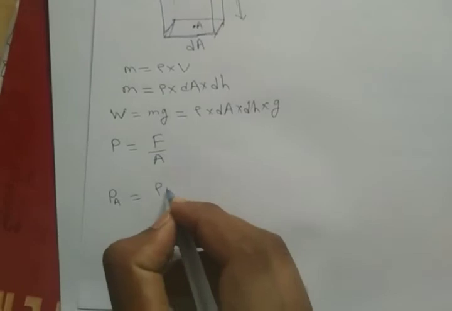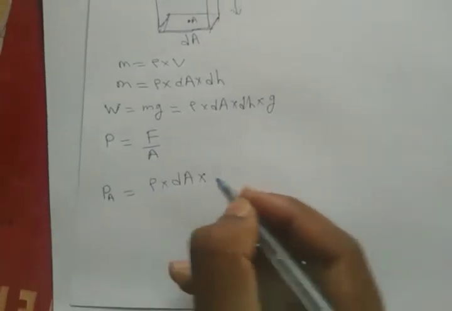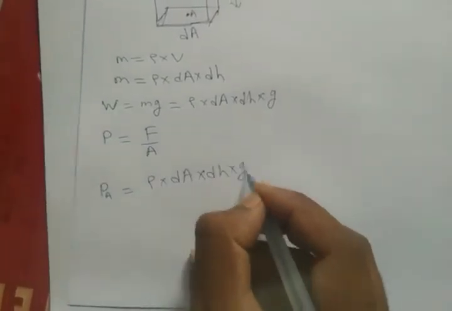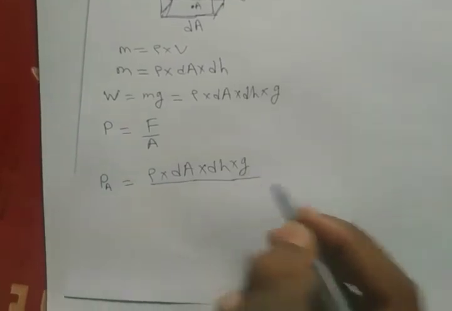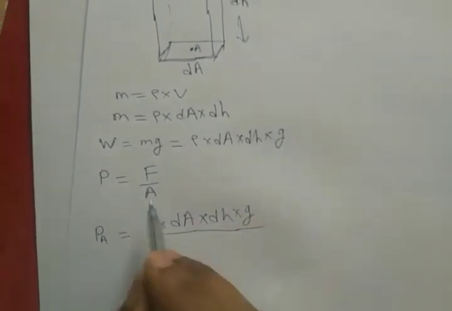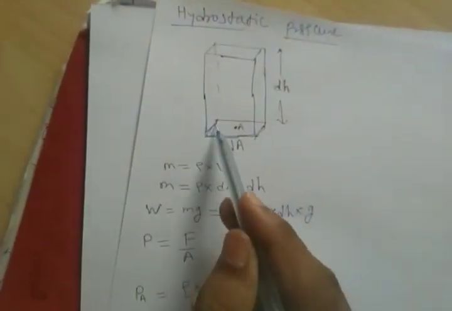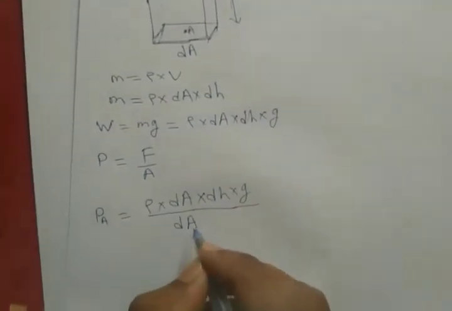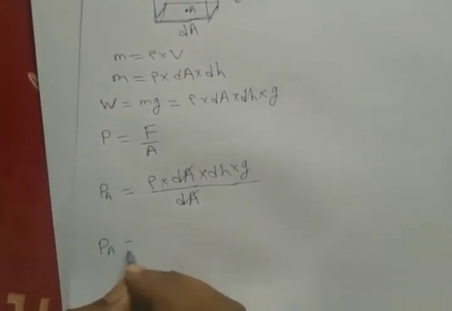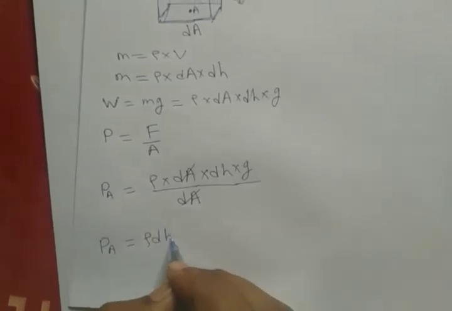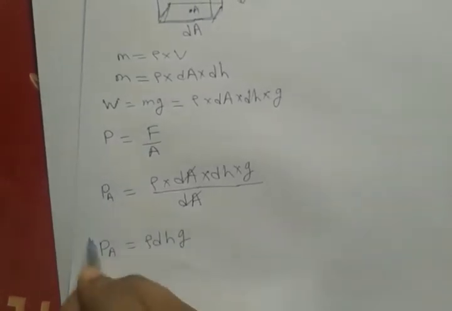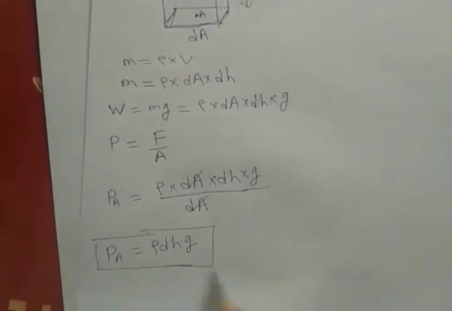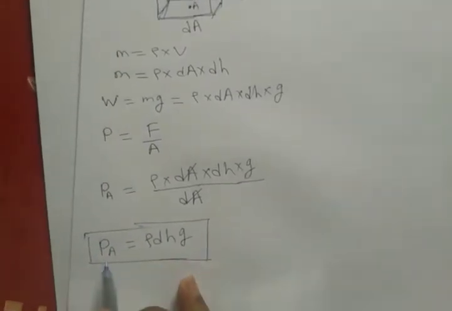So we have rho into dA into dh into g divided by area. Which area? Area of the base. So area of base is dA. So dA cancels, we get PA, hydrostatic pressure, equal to rho into dh into g. So what is hydrostatic pressure?